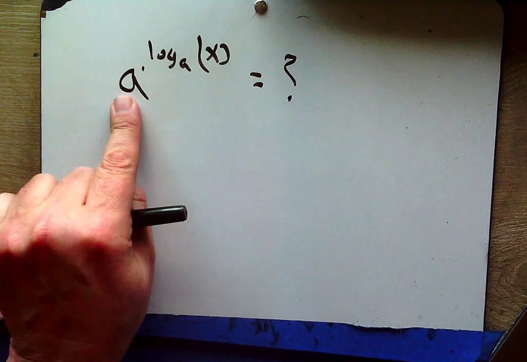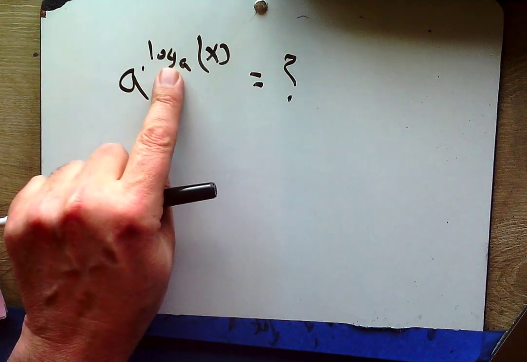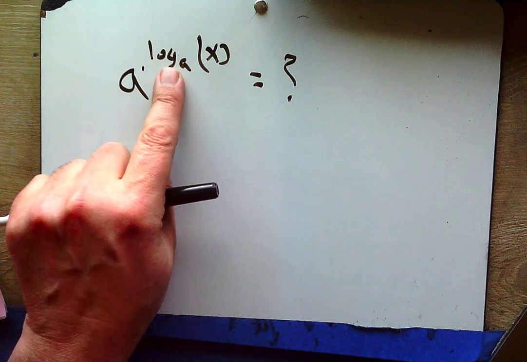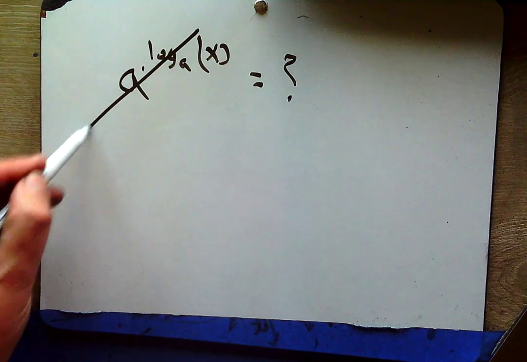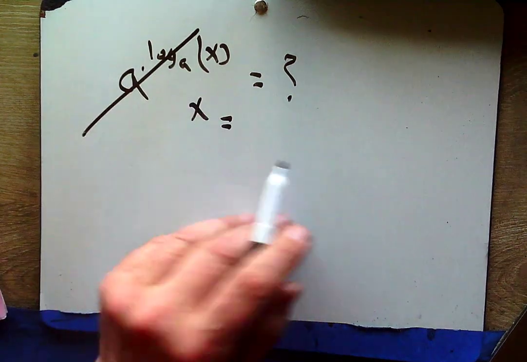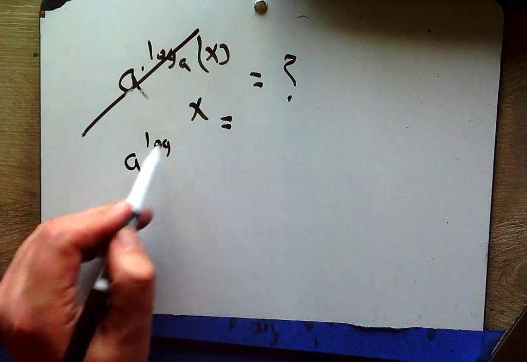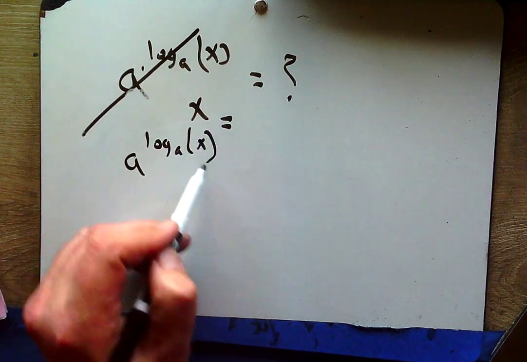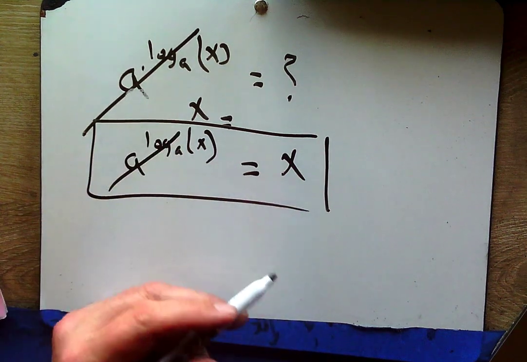This is a to the power of, and this is log base a. What do we know about logs and exponentials? They're inverses. They undo each other. So this is equal to x. When I see a raised to the log base a of x, that's just equal to x, because these are going to cancel.